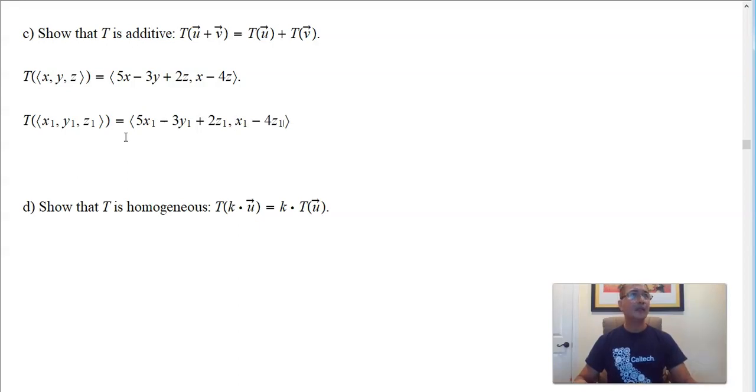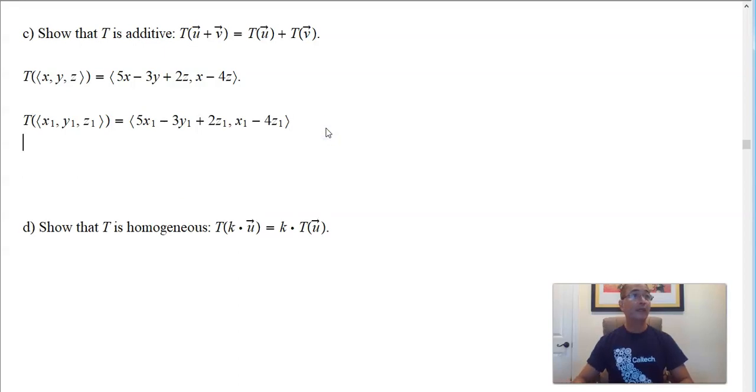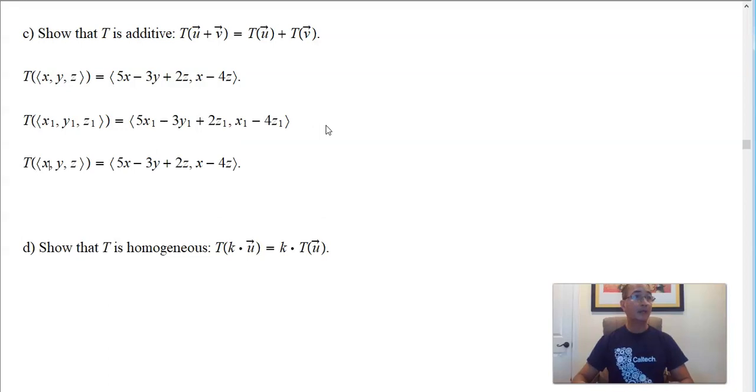Okay, I'm going to do the same thing with a second vector. So I will make (x2, y2, z2). The output, of course, is 5x2 minus 3y2 plus 2z2 and x2 minus 4z2.